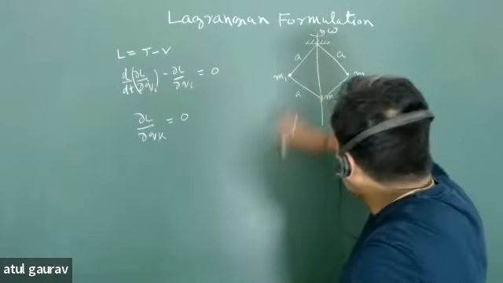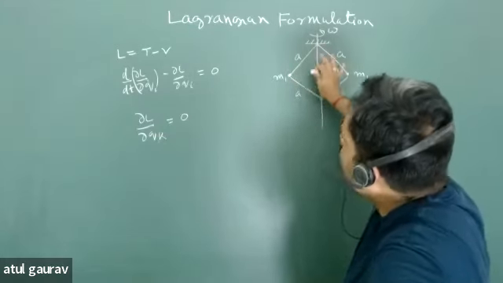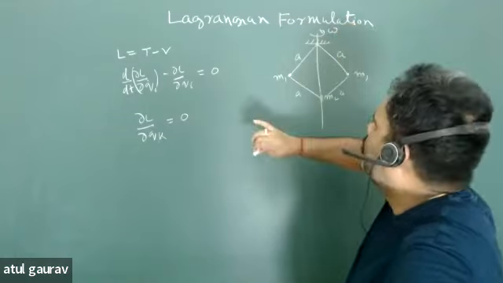Okay, so let us try to write the Lagrangian. Just try to write the equations of constraint in spherical polar coordinates.